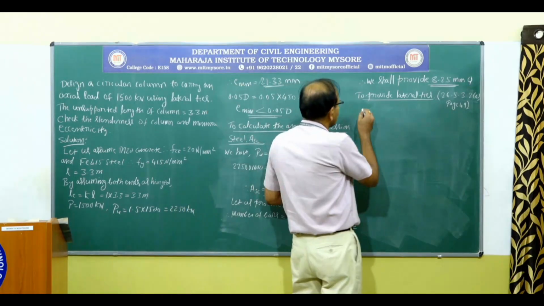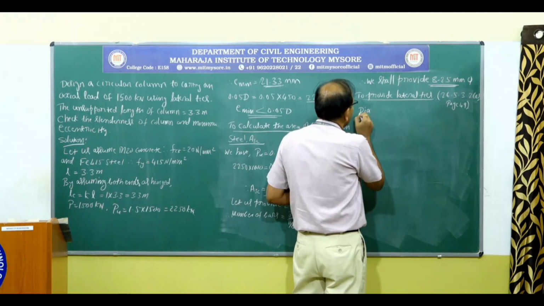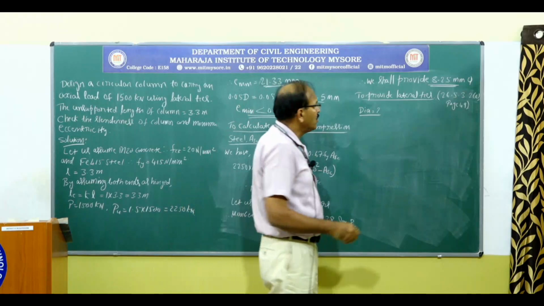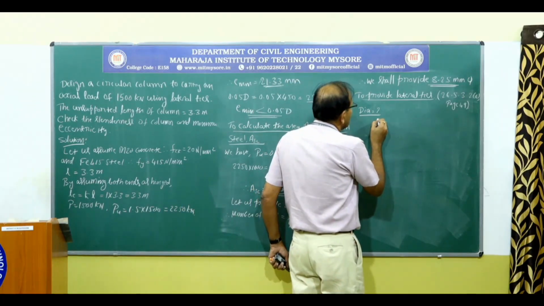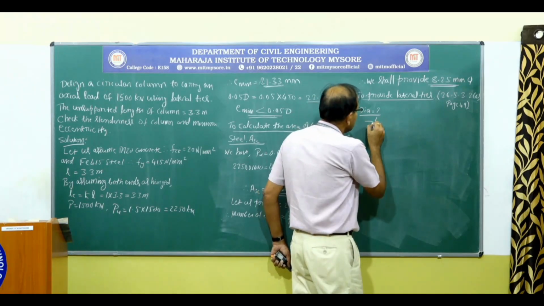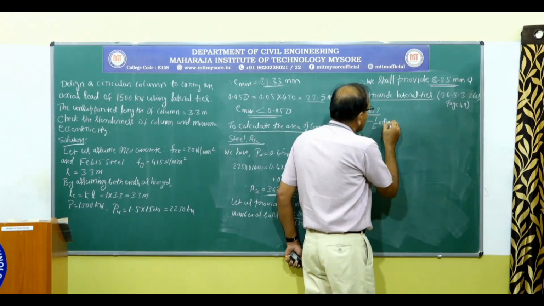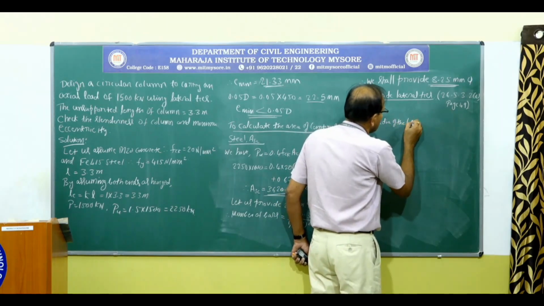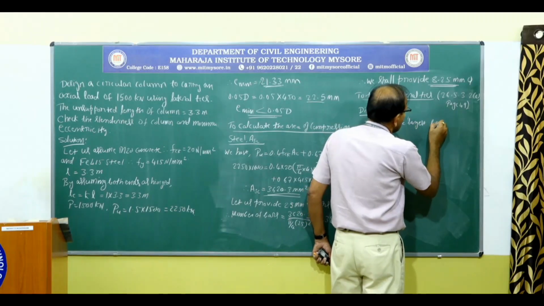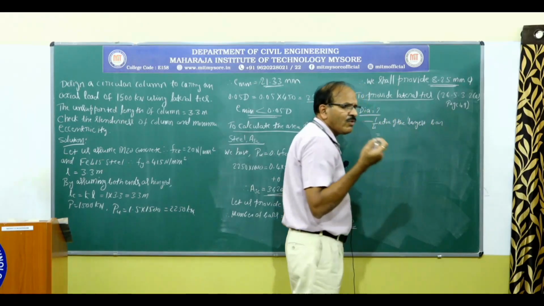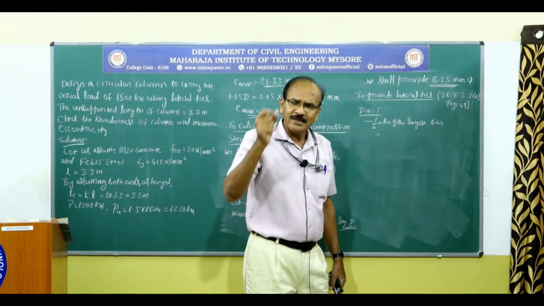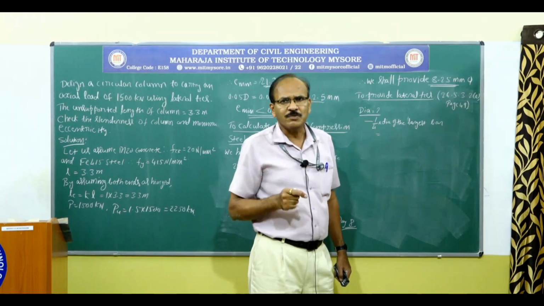So let us go with the first one. Let us find out the diameter of the lateral ties. As per the code, the diameter should not be less than 1/4 of the diameter of the largest bar. Because we have only one size, that is 25 millimeter diameter bar, that is the largest bar and that is the smallest bar.